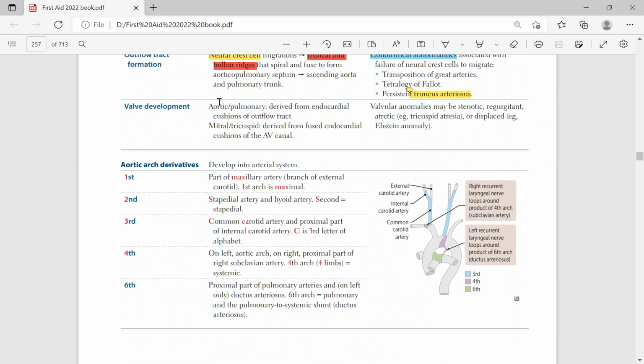So it is normal for the aortic or pulmonary valve to be derived from the endocardial cushion of the outflow tract.